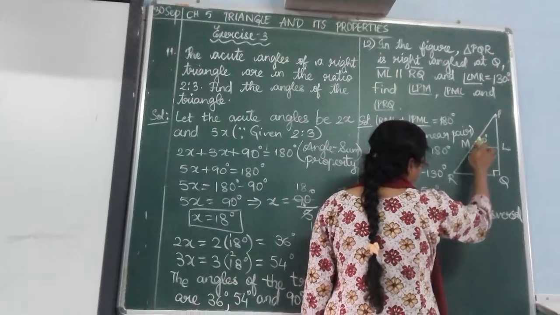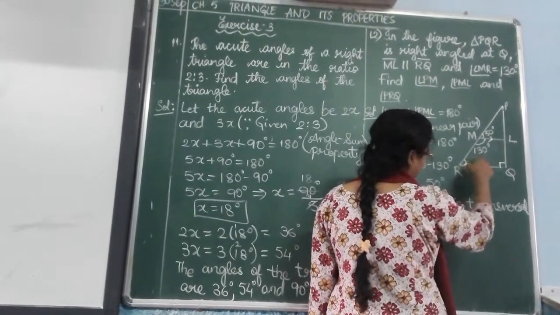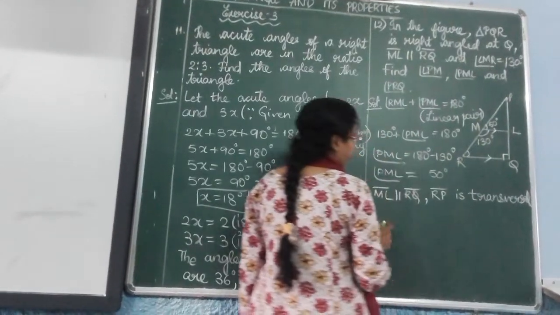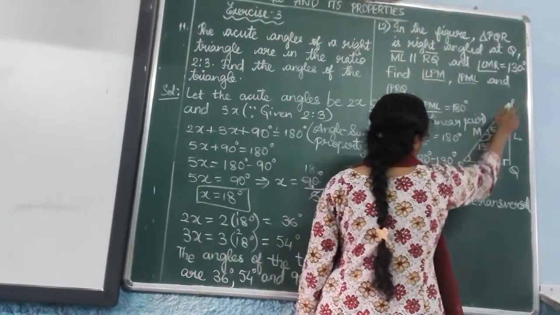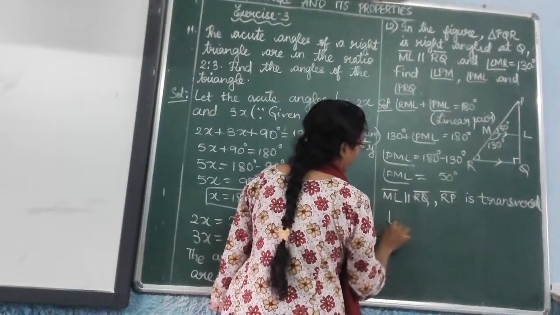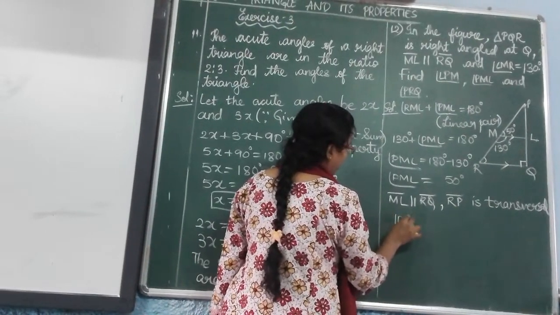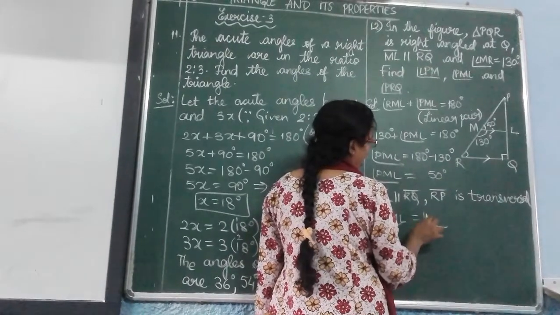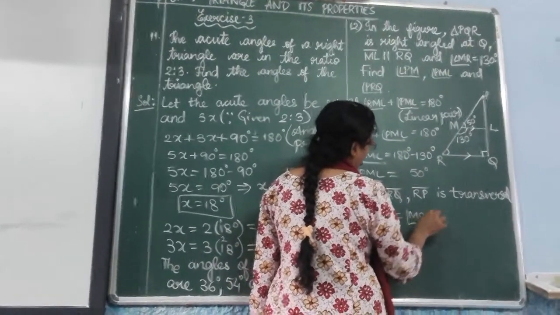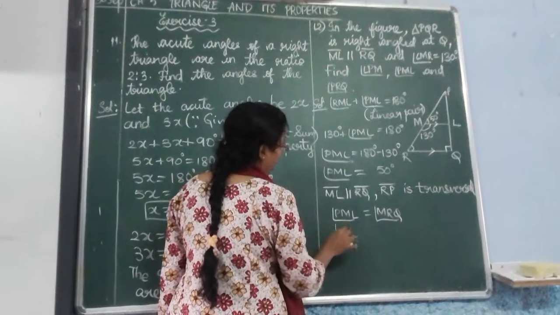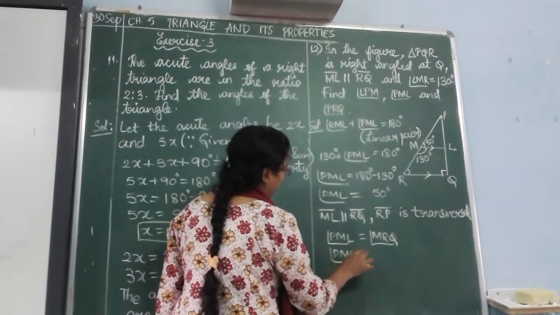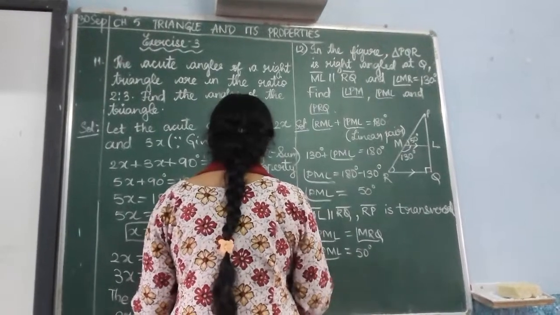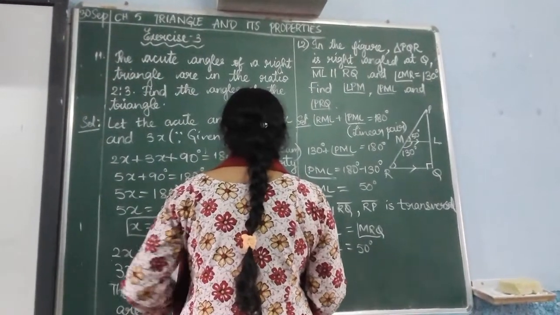When this is a transversal and these are parallel lines, you know that this angle and this angle, these two angles formed here, will be equal. Angle PML should be equal to angle MRQ. So PML is equal to 50 degrees.